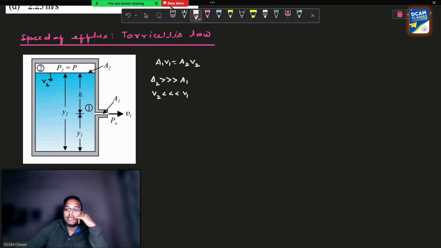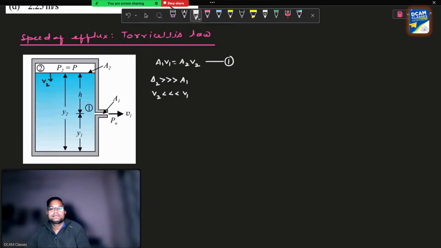Again, I have told you only two equations are needed to solve every question of this. One is the equation of continuity, A1 V1 is equal to A2 V2. The other is Bernoulli's theorem. Can you give me the equation?